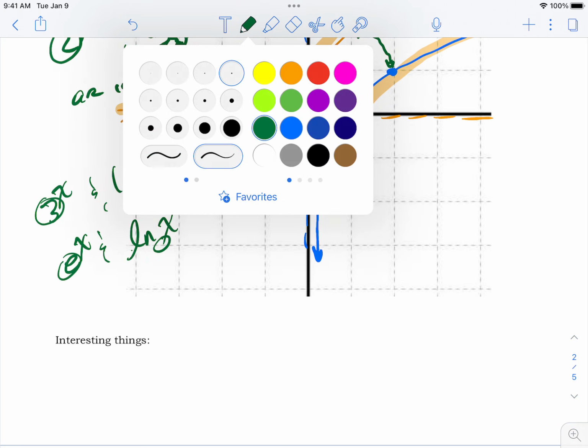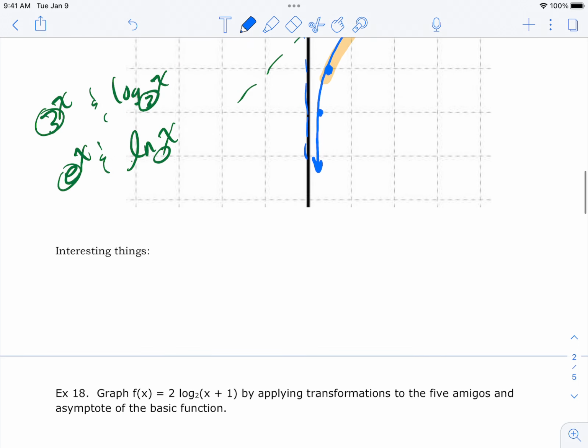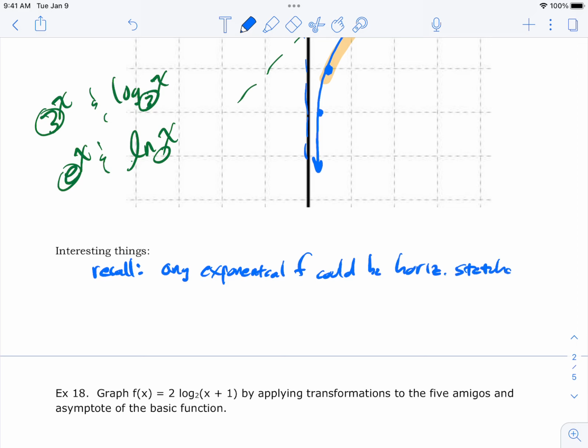Interesting things. I'm just going to say, recall, any exponential function could be horizontally stretched to, let's just say, land on another exponential function.